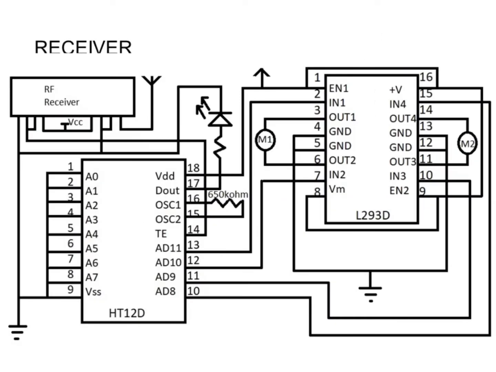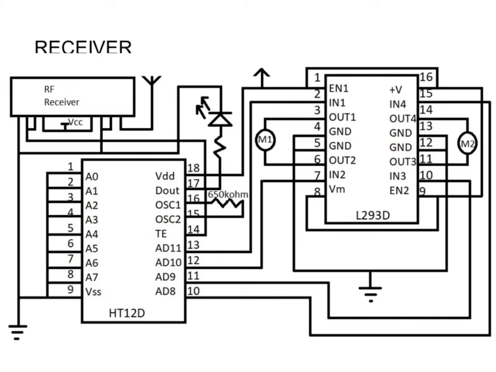Our next circuit diagram is of the receiver. Those signals which were transmitted by the RF transmitter are now received by the RF receiver through its antenna. Now the RF receiver will send that information or signal to HT12D through its pin number 14.